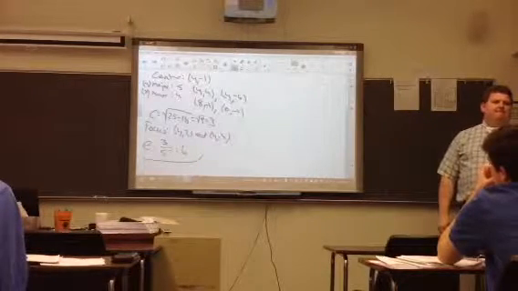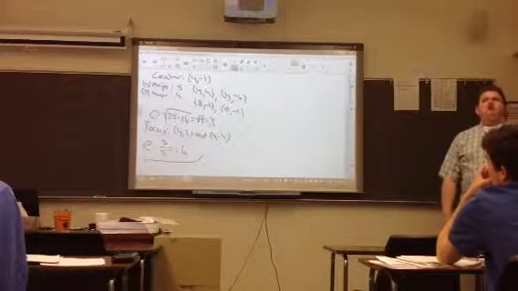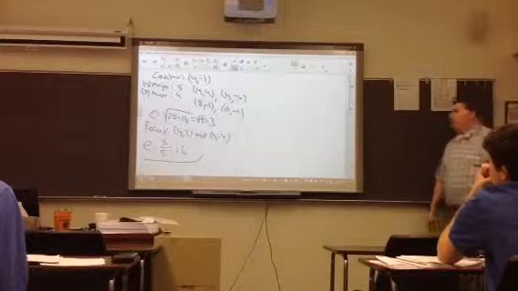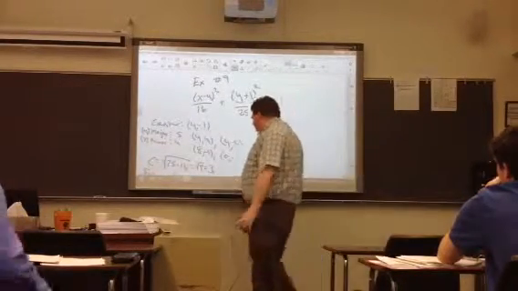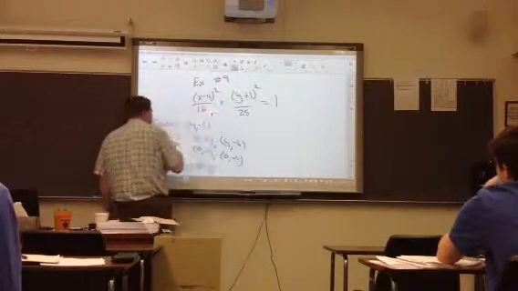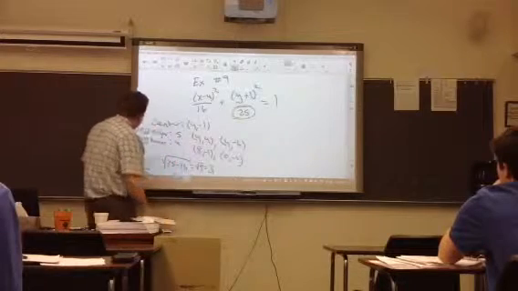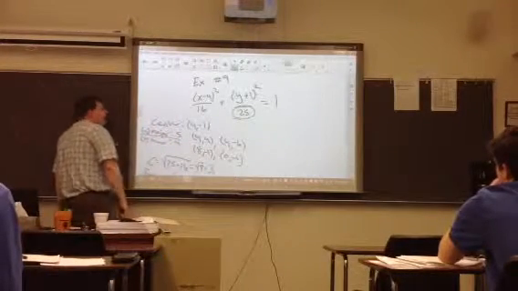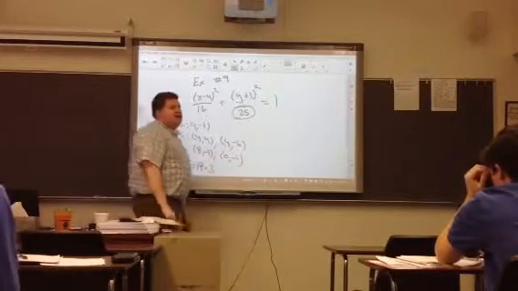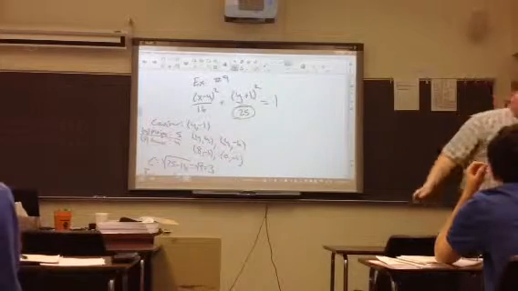Rhodes, you got a question? Kind of. So, is major axis always, like, horizontal? No. Major axis is always determined by whatever number is underneath, or whatever the bigger of these two numbers is. So here, the major axis is underneath y, so it's actually a vertical axis, okay? On the previous problem, the bigger number was under x, so that makes it horizontal, okay?